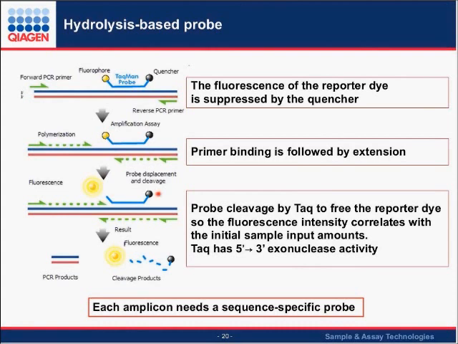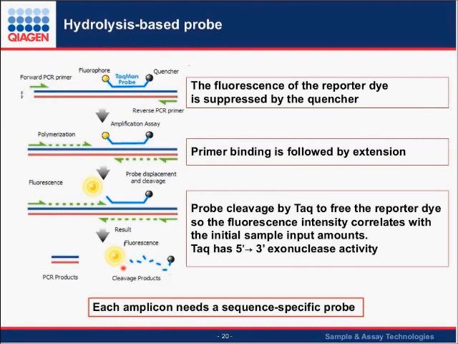Because it's not close to the quencher anymore, your fluorescence is no longer quenched, and you get fluorescence in your solution. Ultimately you get PCR products, and because the Taq has a 5' to 3' exonuclease activity, the probe will be chewed up, and all you have left then is this fluorescence.